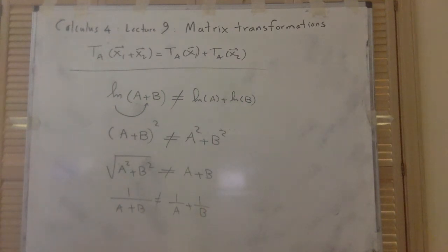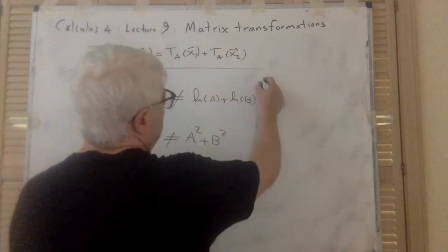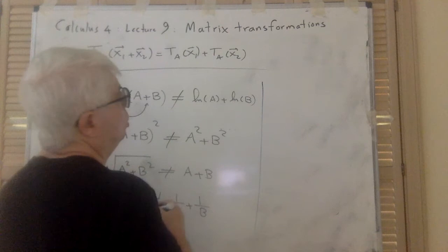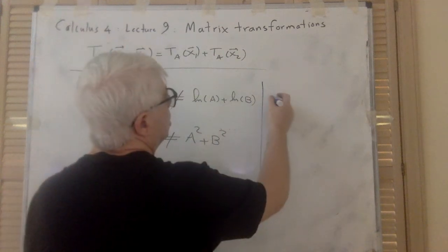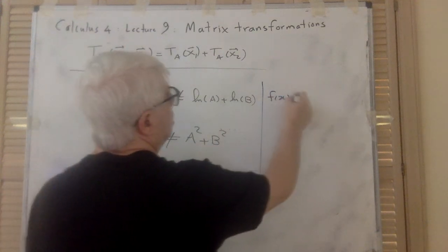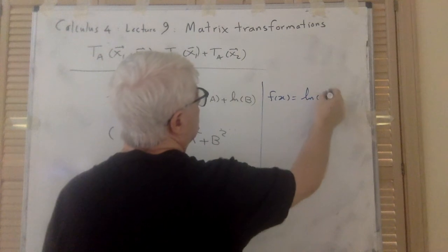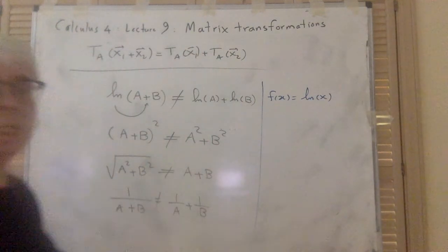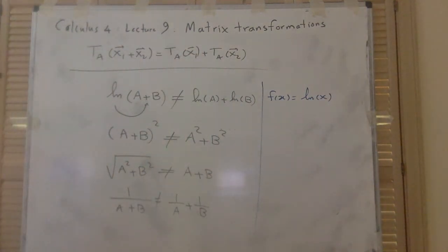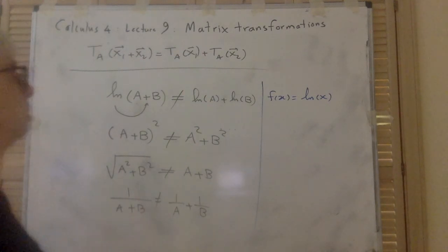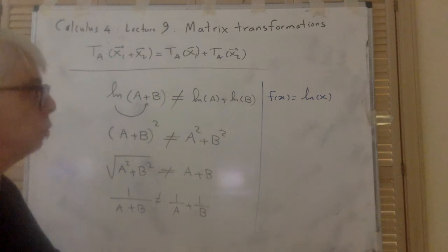So, what are these? In this case, you are distributing the function f of x equals ln of x. You are distributing ln of x over a sum of, say, elements in its domain.